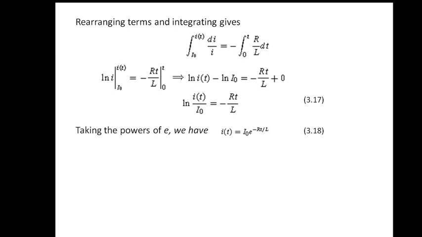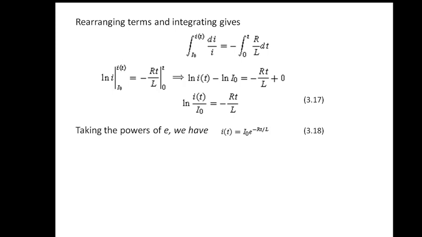Okay. Now we will see the current response, that is I of t with respect to time. How is it? It is an exponential function, but it is an exponential decay, e power minus. At the initial time, if t equal to 0, current is I naught.